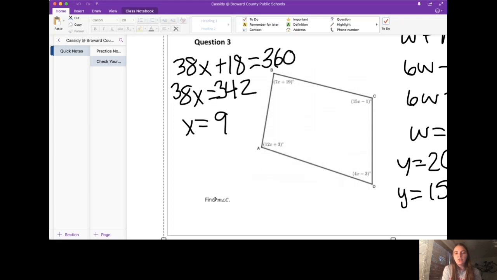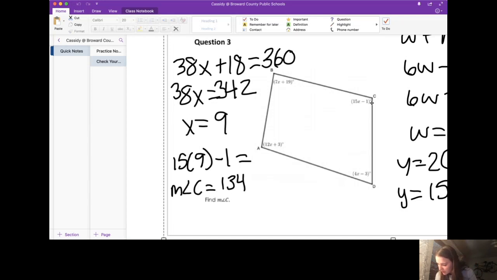No, it asked us to find the measure of angle C. So we look at angle C and plug x into that equation: 15 times 9 minus 1. We should get 134. So the measure of angle C should equal 134 degrees.